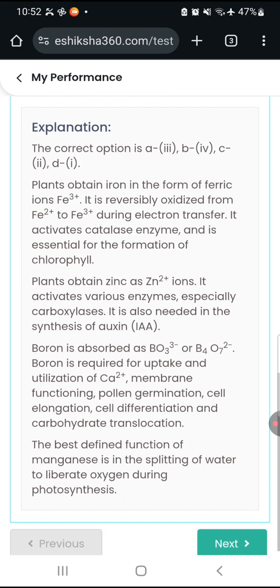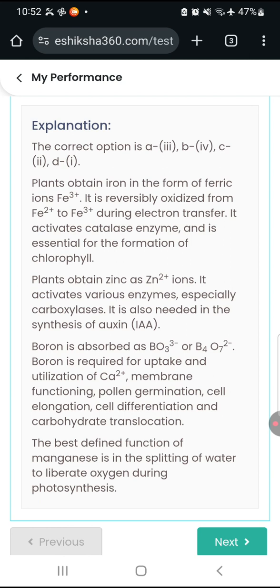Explanation: Plants obtain iron in the form of ferric ions, Fe3+. It is reversibly oxidized from Fe2+ to Fe3+ during electron transfer. It activates catalase enzyme and is essential for the formation of chlorophyll.